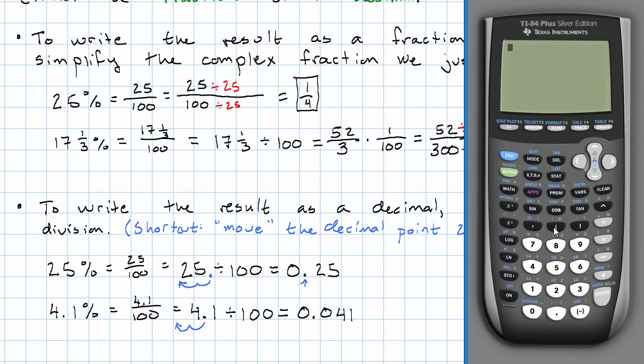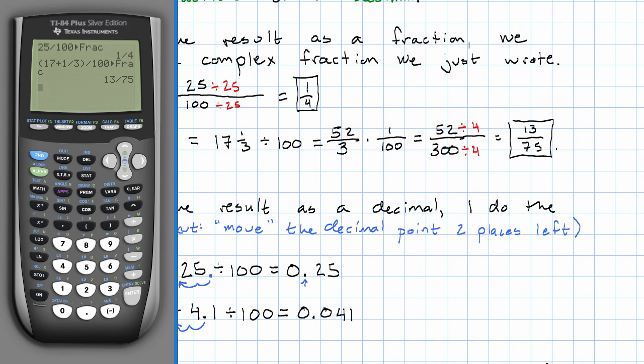We could take 25 hundredths to a fraction and get our 1/4. We could take 17 1/3 hundredths to a fraction and get our 13/75ths.